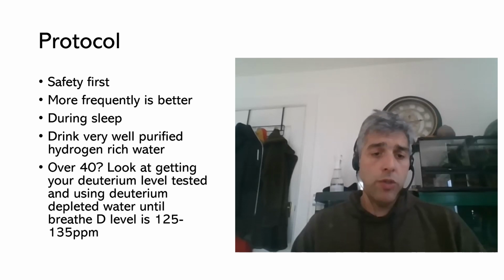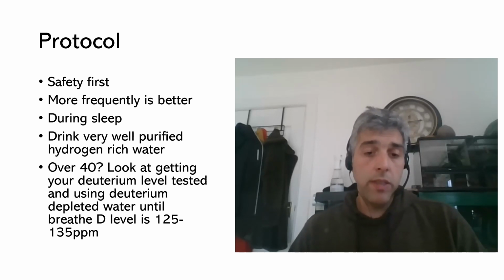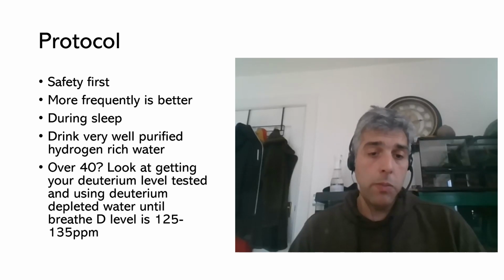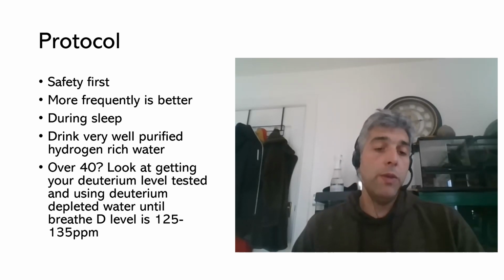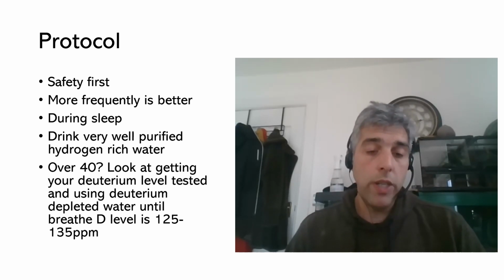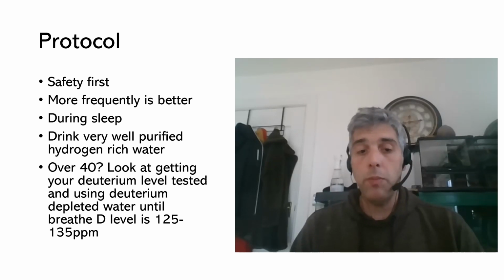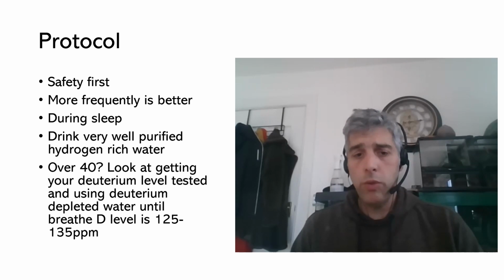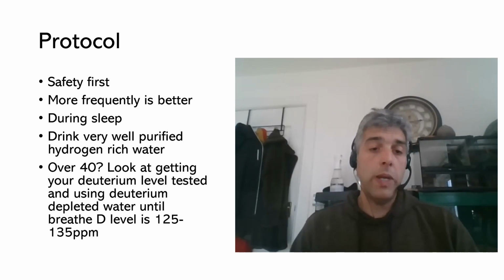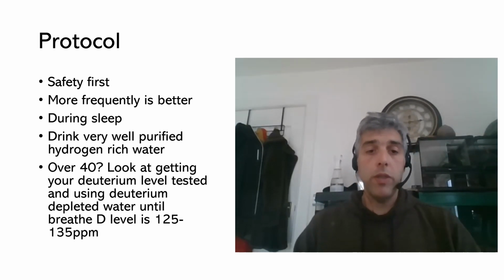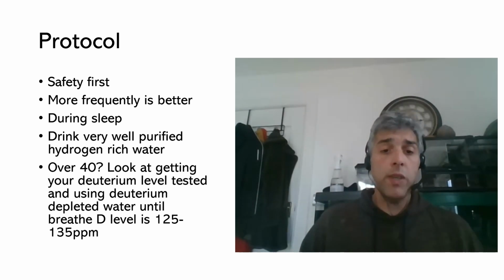We can get deuterium tested in our breath, and a healthy level is considered between 125 and 135 ppm. So everyone over a certain age can look at doing a deuterium depletion, which I've done myself, and if you do that, you could put the deuterium depleted water in a hydrogen water bottle to make hydrogen rich deuterium depleted water. That's the protocol for doing a deuterium depletion.